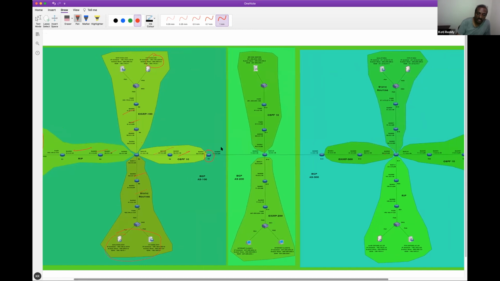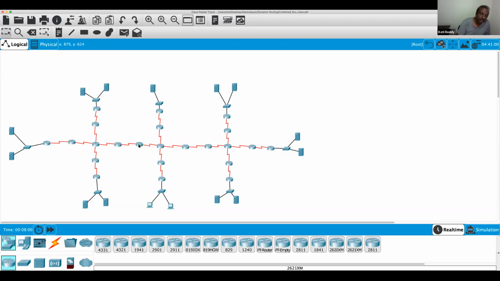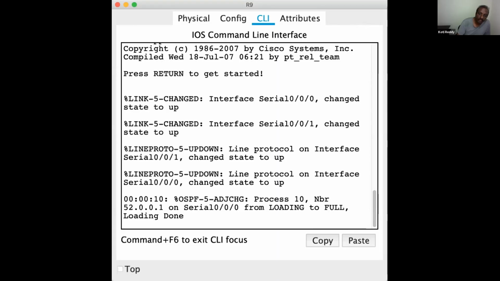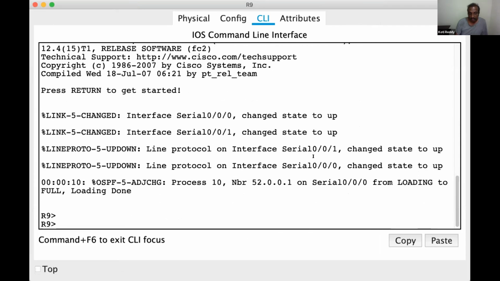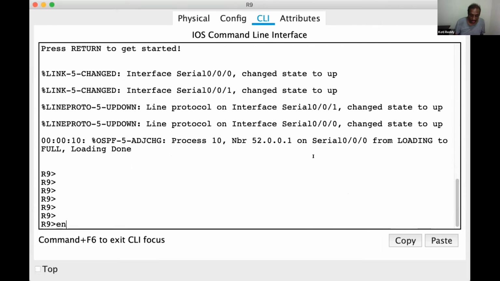Let us see this. Let's go to R9. Give the command show ip route. So I go to the R9 router here. On the R9 router, I give the command enable.